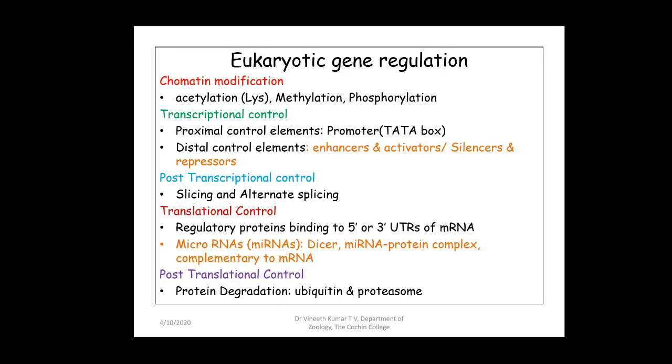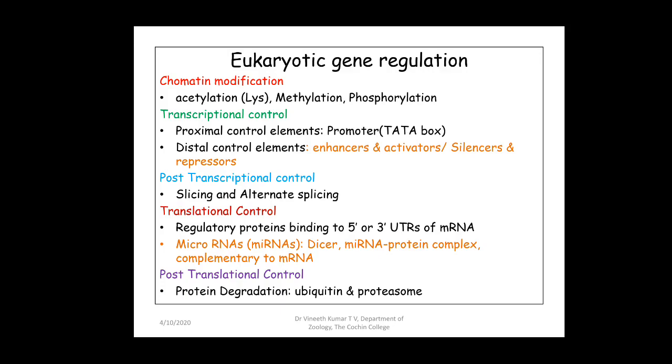For some genes, methylation causes repression of transcription. That means the DNA will not show up. It will be present in the solenoid, compacted, saved from the RNA polymerase. But in some cases, you can see methylation activating transcription. Phosphorylation is the same thing. So it depends upon the gene.